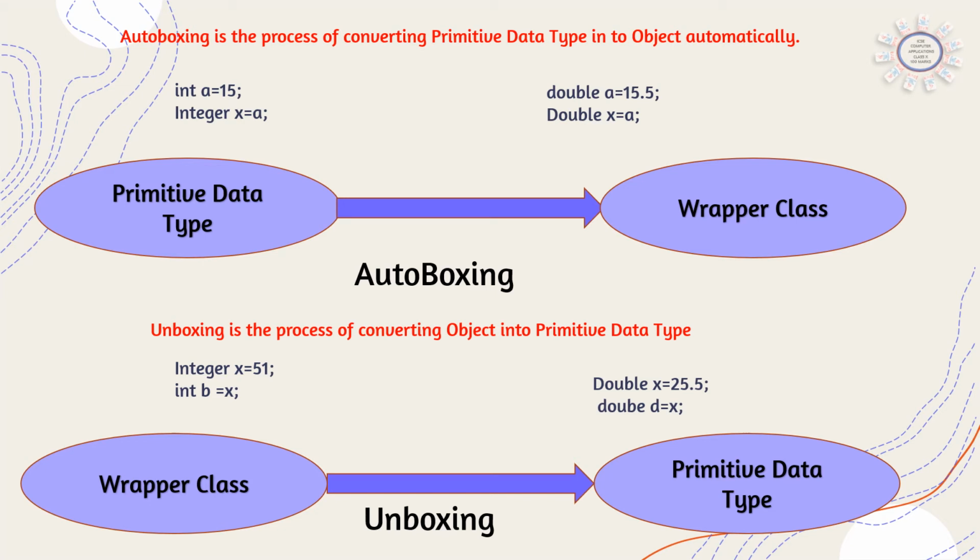Same here, Double x is equal to 25.5 and the primitive data type is double in small letters. So double d is equal to x. 25.5 will be converted into a double data type and stored in the variable d. So like this we can convert a primitive data type into an object and an object into a primitive data type with the help of autoboxing and unboxing.